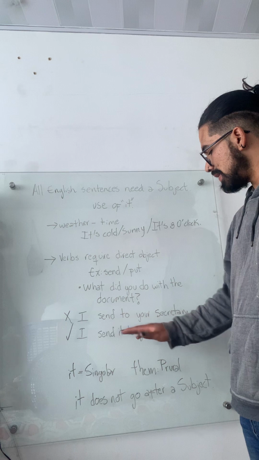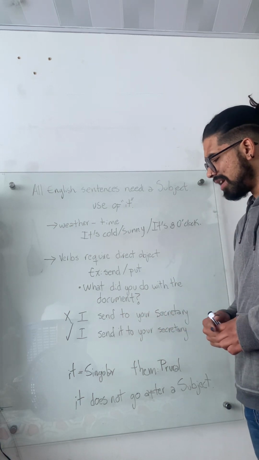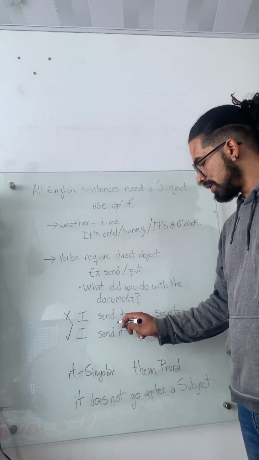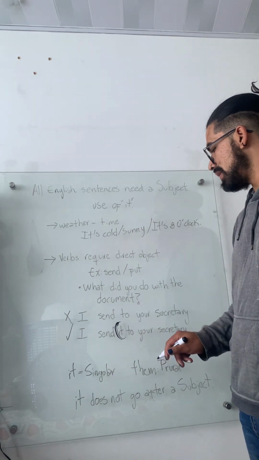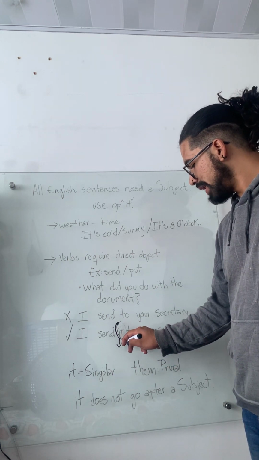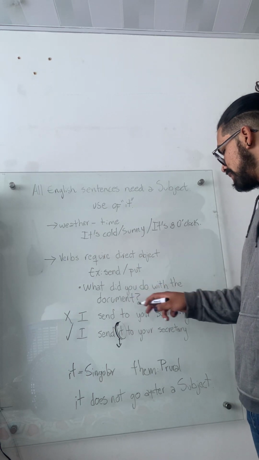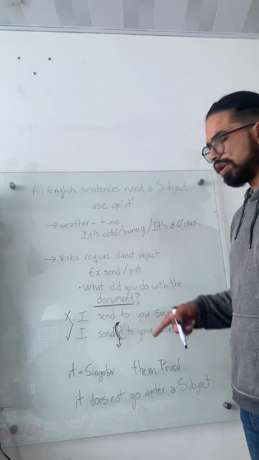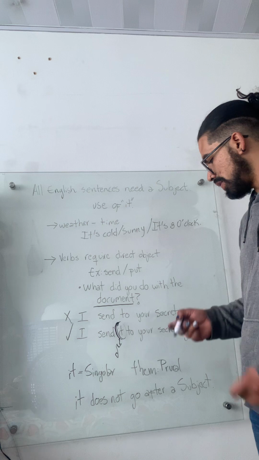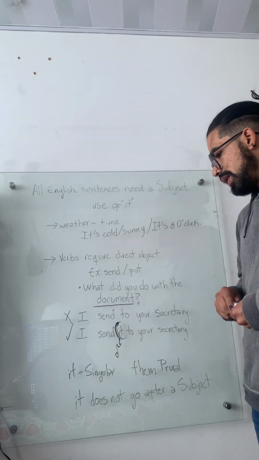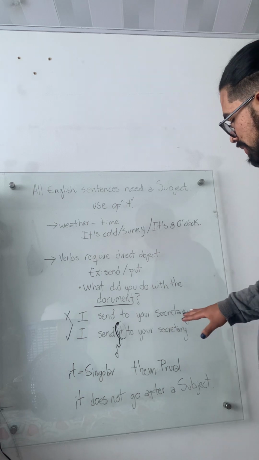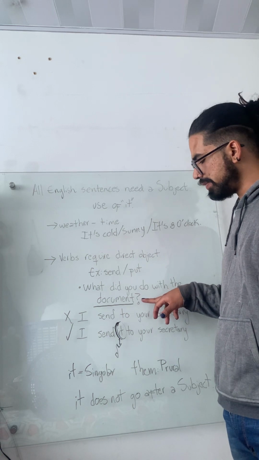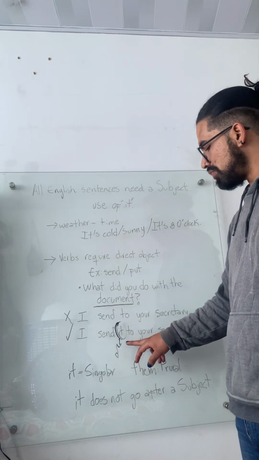The first one would be, "I sent to your secretary," which is wrong. And the right one would be, "I sent it," because "it" is replacing the object that was previously used in the sentence. So we know that they are talking about the document, right? "I sent it to your secretary." We have to keep in mind that as the object was previously mentioned, we already know what "it" is replacing.